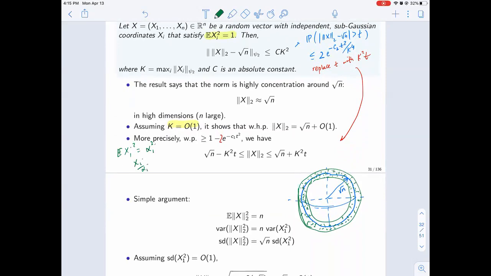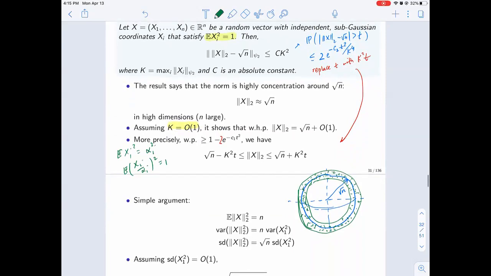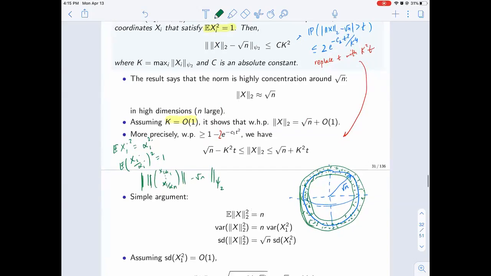Then this would be norm 1. Then this result would tell me something about the norm of the vector x1 divided by alpha 1 to xn divided by alpha n. This minus root n would have the same property. But that's not what I want. If you care about the norm of x, the norm of this vector is different than the norm of x. Does that make sense? Yeah.